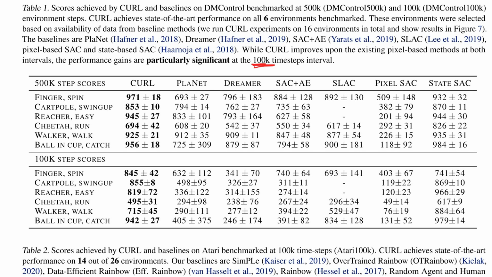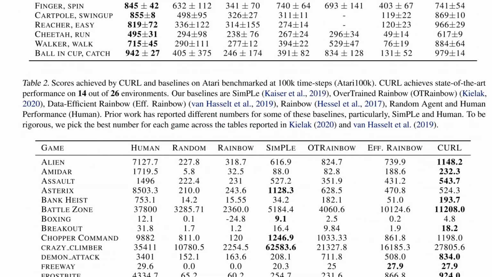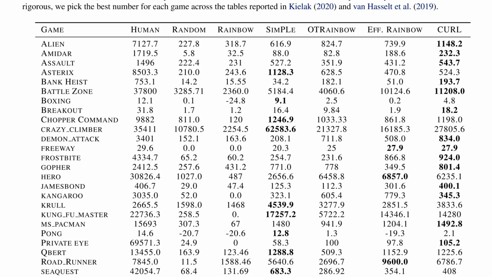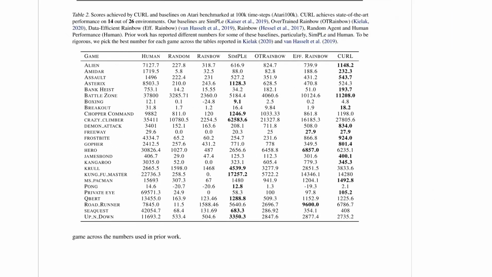So you don't optimize until the end. You get 100k time steps, and then the question is how good are you? And the CURL here outperforms all of the baselines handily in the DeepMind Control tasks, and it also outperforms a lot of the baselines in the Atari tasks.